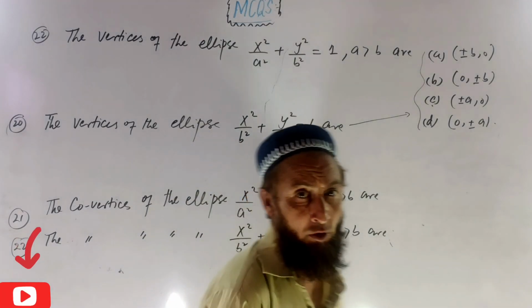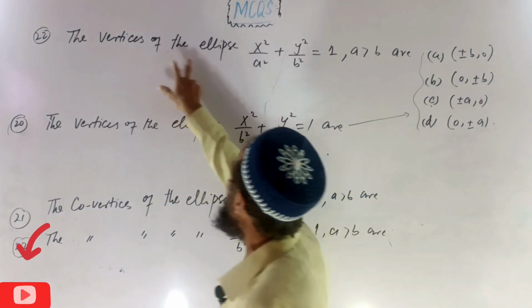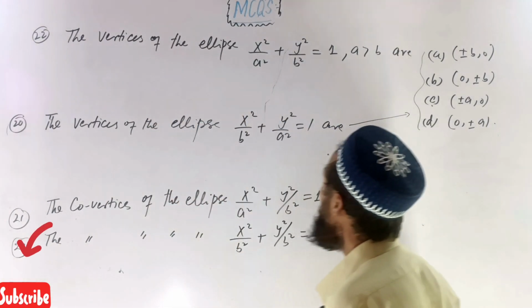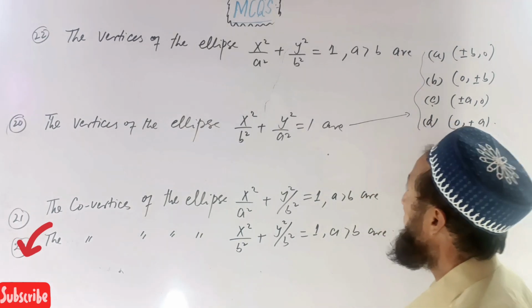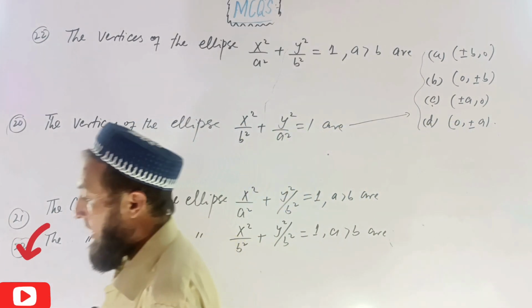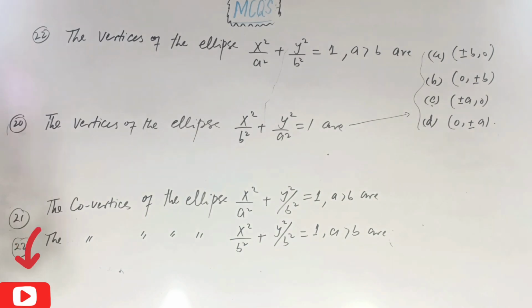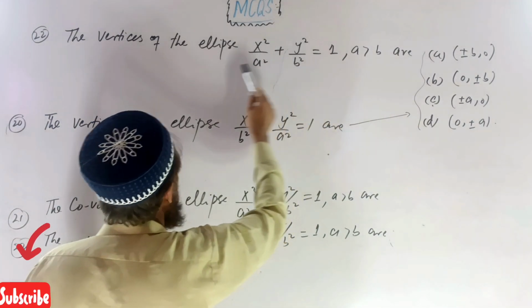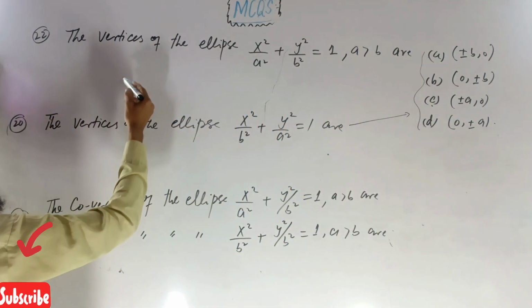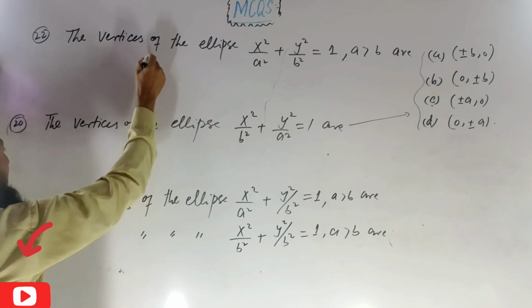Question number 22: the vertices of the ellipse are required. If A is greater than B, the ellipse lies along the x-axis.